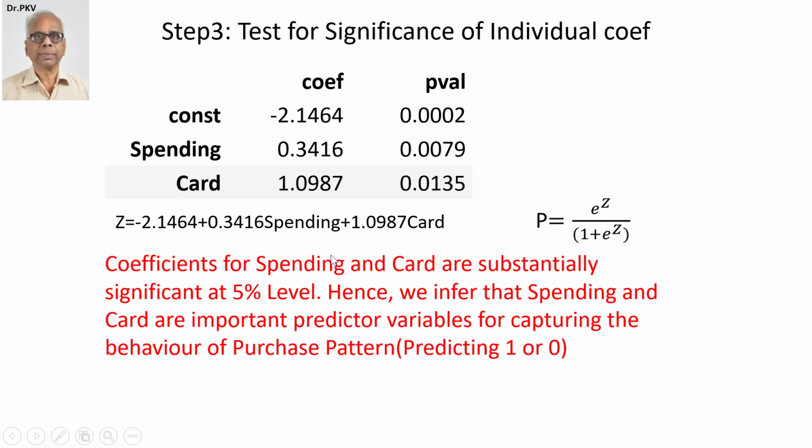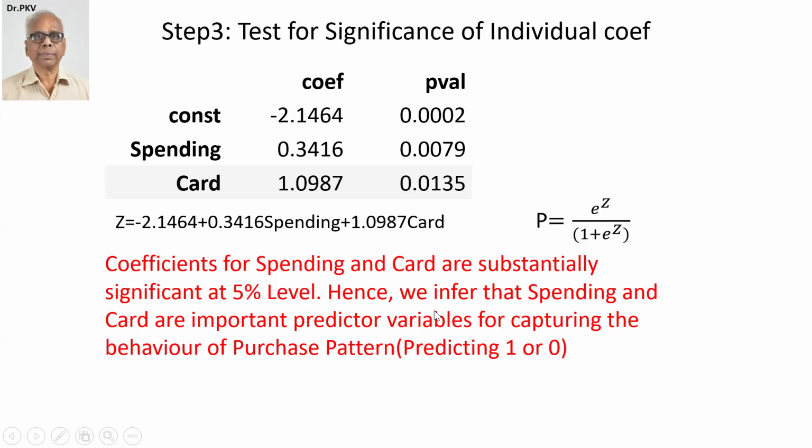So the coefficients are highly significant. In other words, B1 and B2, as well as the constant, B0, they are highly significant. At 5% level, if you take alpha as 5%, they are substantially significant at 5% level.